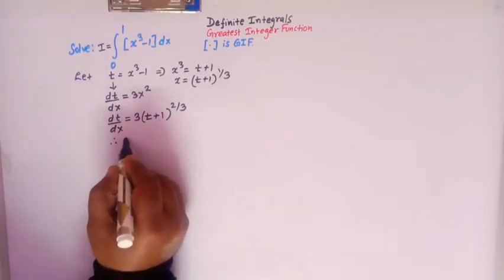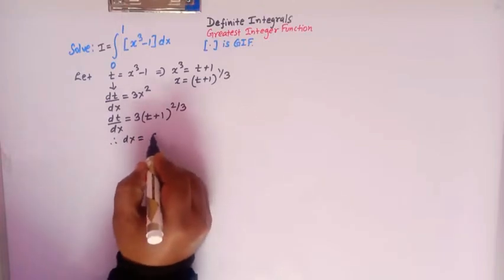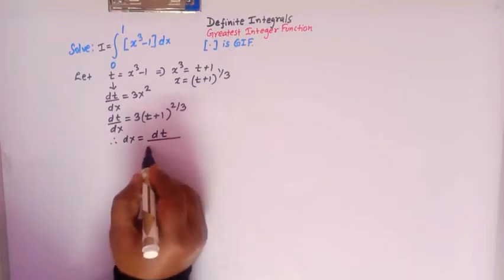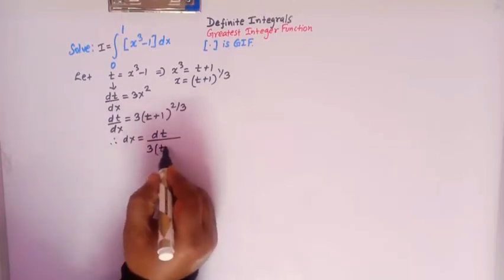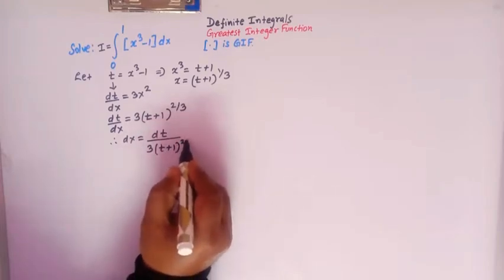Therefore dx is now equal to dt over 3 times (t plus 1) raised to 2 over 3.